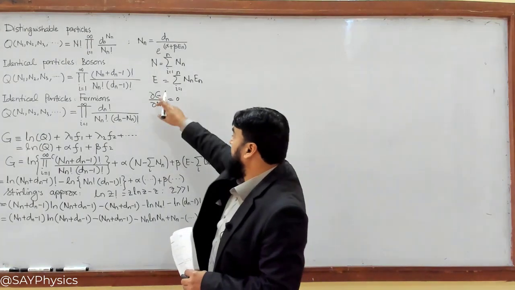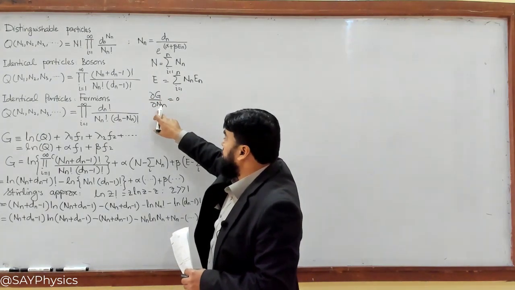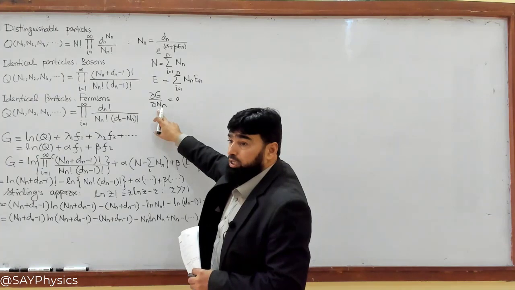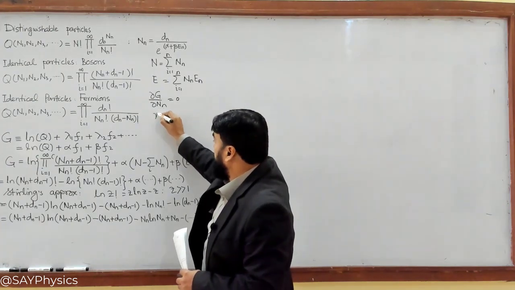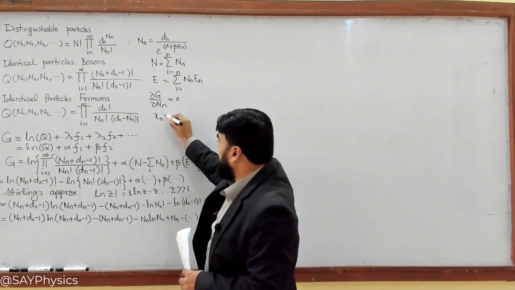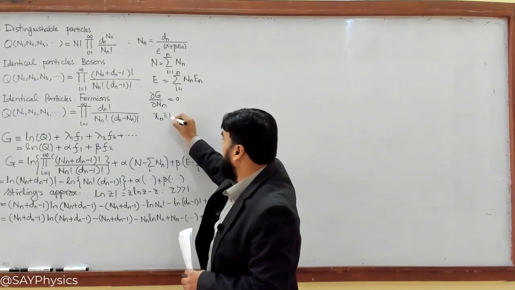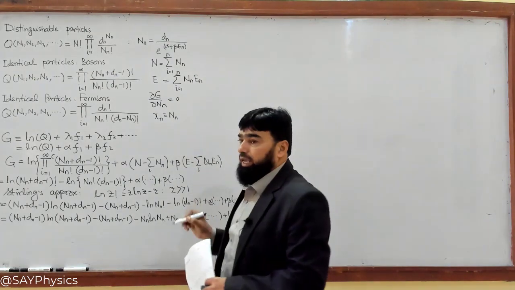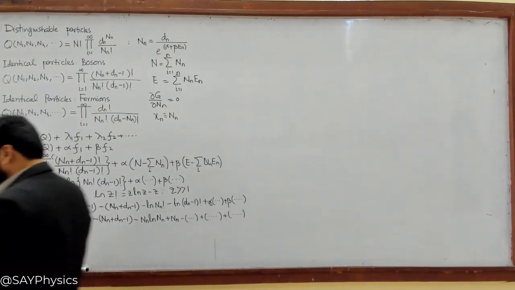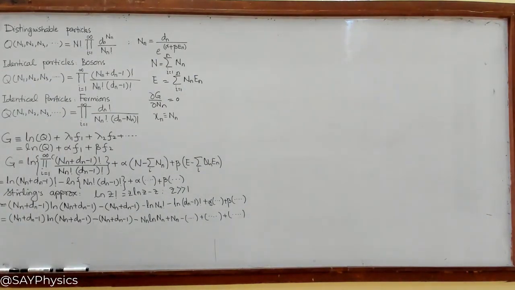So by applying, means differentiating it with respect to our variable, which in the general form was xn, and here we are having our variable as nn. So I will just simplify this by taking the derivative.